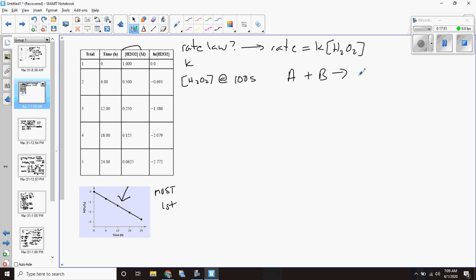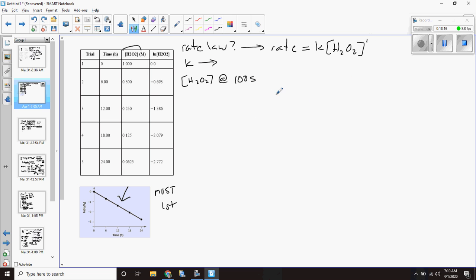It's a possibility that it could still be first order with respect to A only, and B could be zero order, while A is first order. So that's a possibility as well. But right now we're assuming with only one reactant that if this is the case, then H2O2 has to be to the first power.